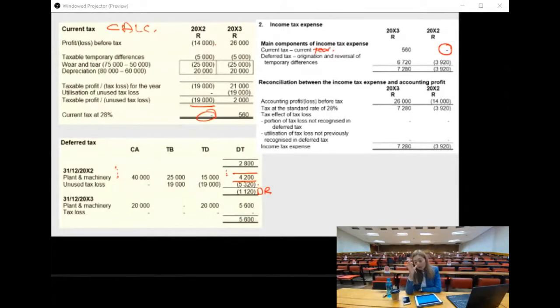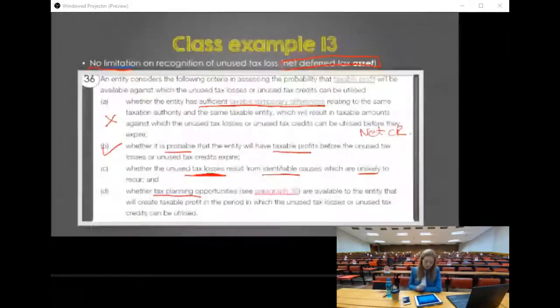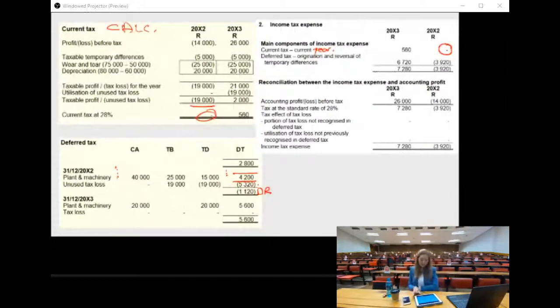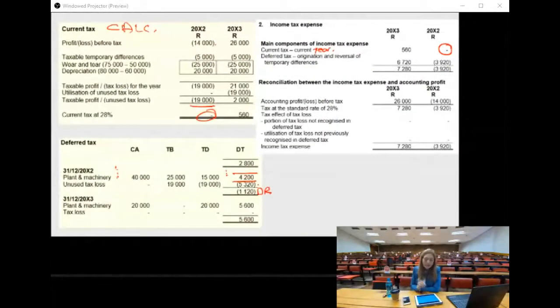So now, warning bells going off, ding, ding, ding, watch out. If you want to recognize an asset, you have to go and look at paragraph 36 first. And we've now looked at paragraph 36 and we've said, okay, it's fine. We can recognize that net deferred tax asset. Okay, so we can recognize the full unused tax loss, even though it creates the net deferred tax asset for us.